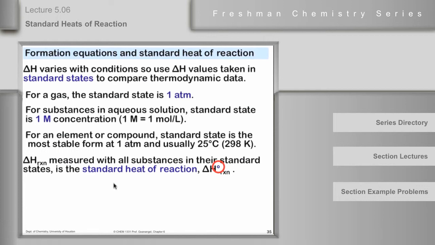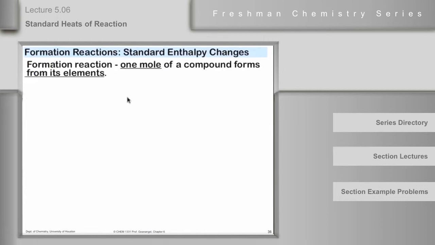Okay, now formation reactions are usually cited under standard conditions. So that's the reason I talked about standard conditions first. The formation reaction for some compound constitutes 1 mole of the compound being formed from its elements. Draw 2 lines under formation, because I want you to remember that.